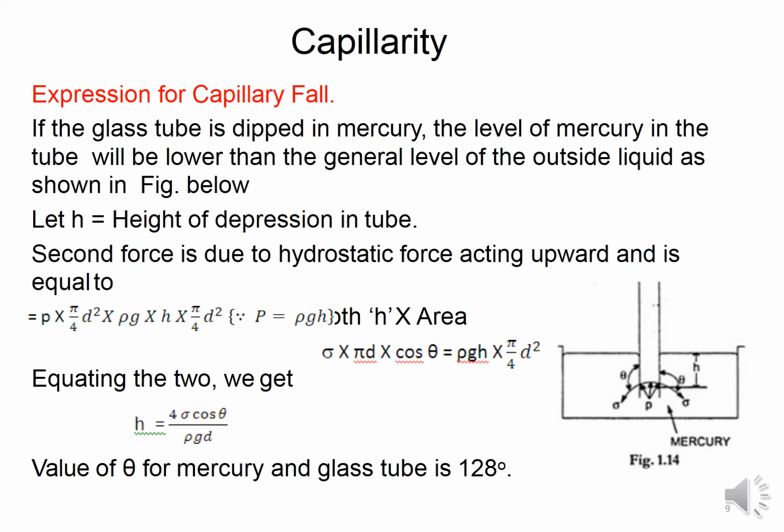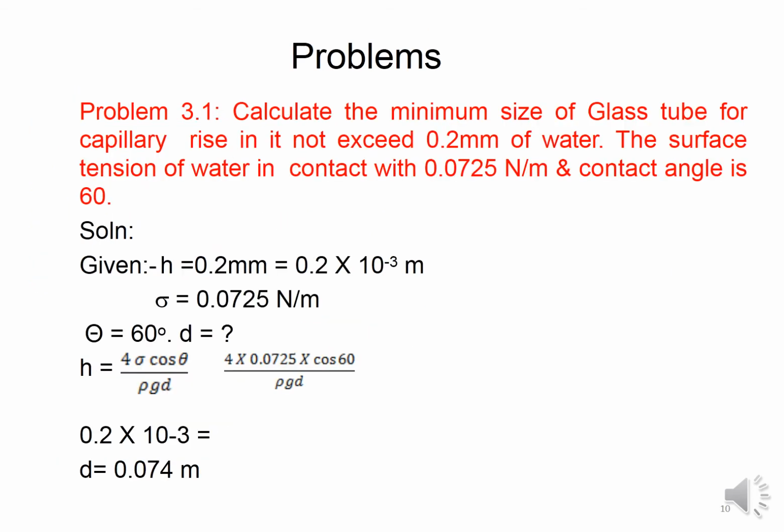From that we have h equal to 4 sigma cos theta by rho g d. The value of theta for mercury and a glass tube is 128 degrees. This is fixed, and you can observe the angular deformation. So you can use 128 degrees and substitute in the equations.